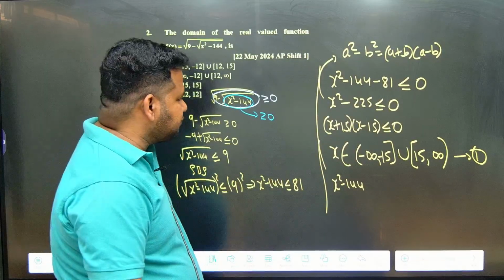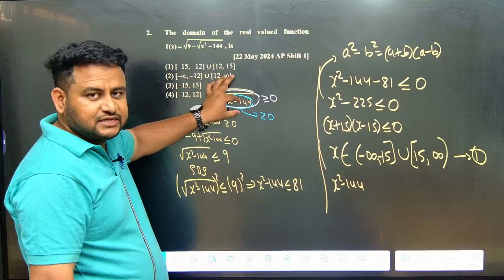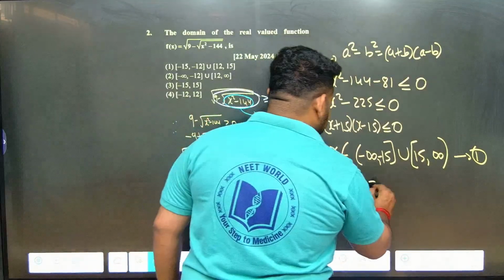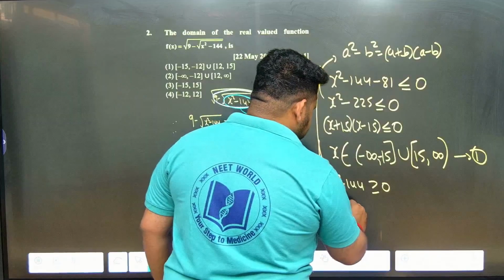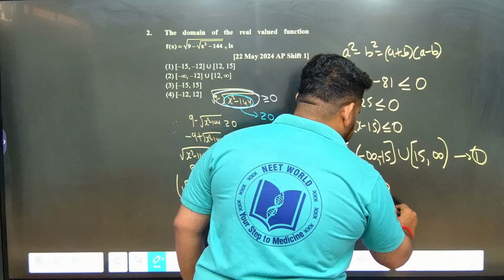So x square minus 144, this function is under a square root, so it should be greater than or equal to 0. So x square minus 144 is greater than or equal to 0. I can write this as a plus b into a minus b, that is (x − 12)(x + 12) is greater than or equal to 0.